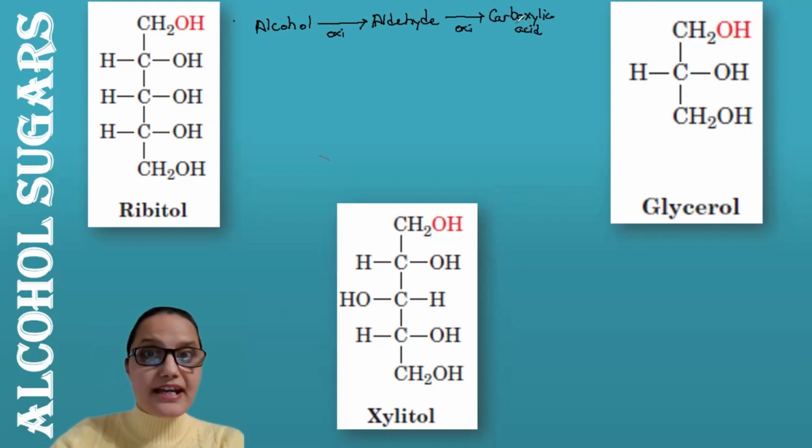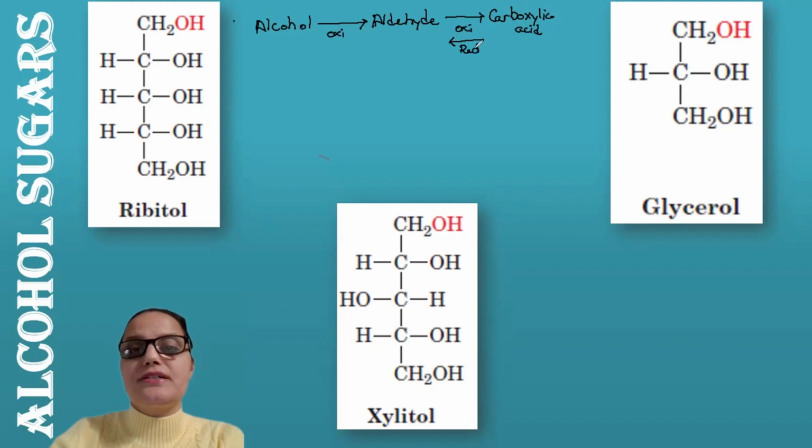Whenever any carboxylic acid gets reduced, then it forms aldehyde, right? And whenever any aldehyde gets reduced, it forms alcohol.